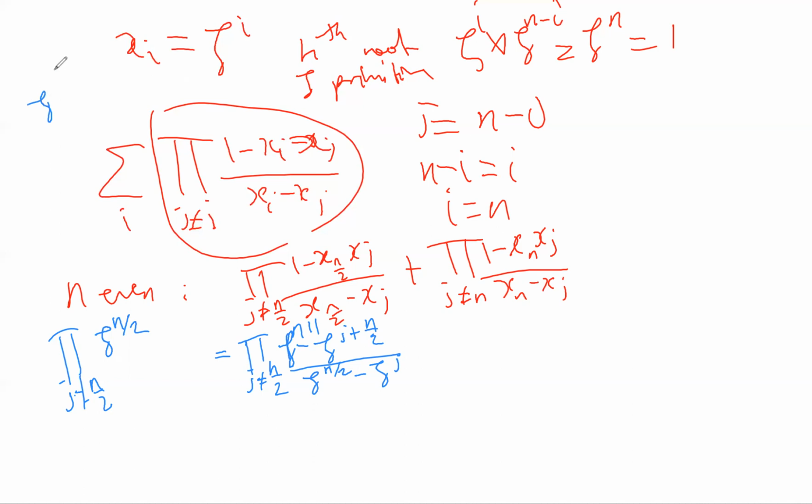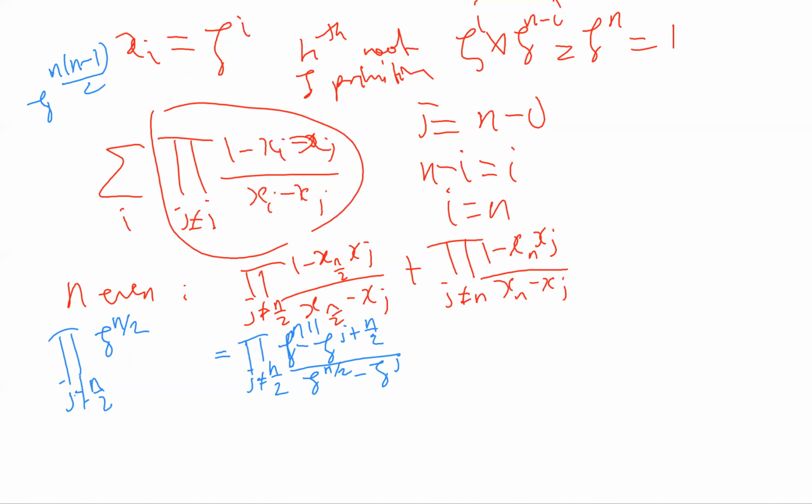What's the primitive nth root of unity, to the n minus 1 on 2? So confused.